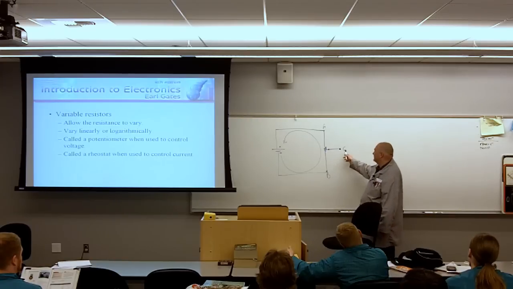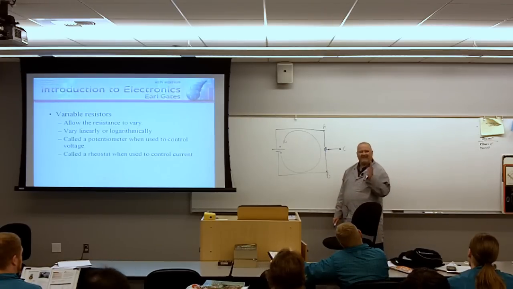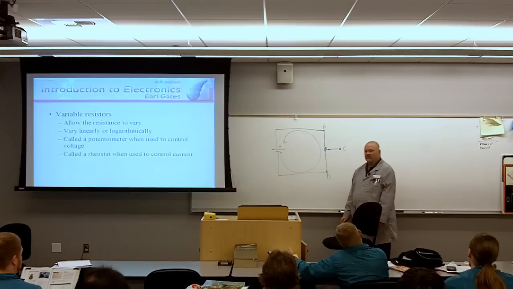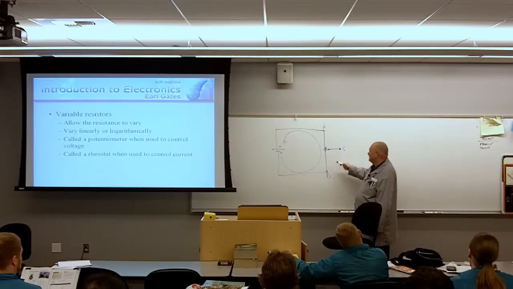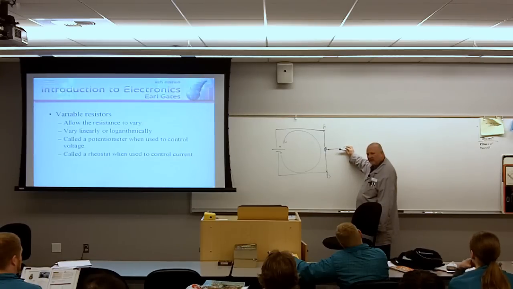If I have this adjusted right now, smack dab in the middle, how much resistance do I have between A and C? Half. How much resistance do I have between C and B? Half. If I adjust it just barely, a little bit, now I'm 49% on one side, 51 on the other.